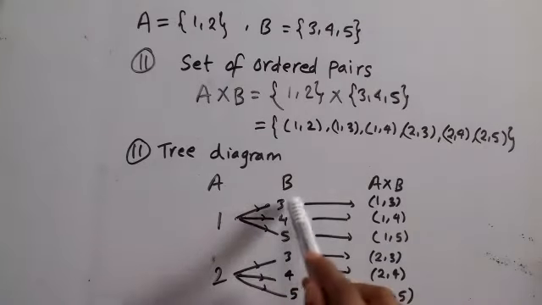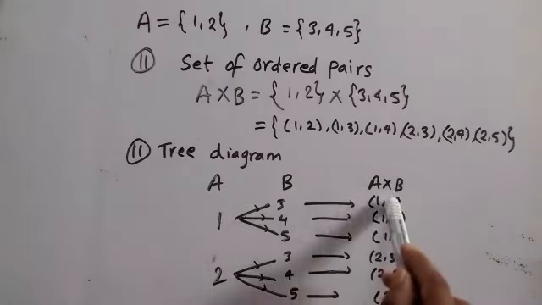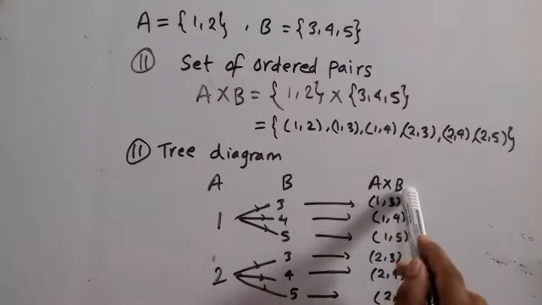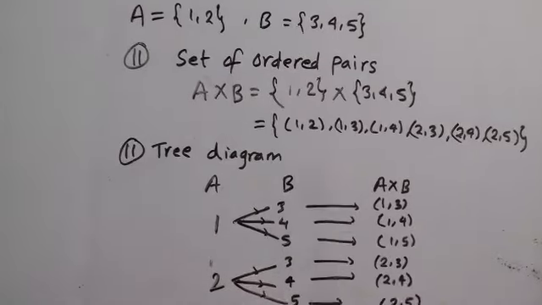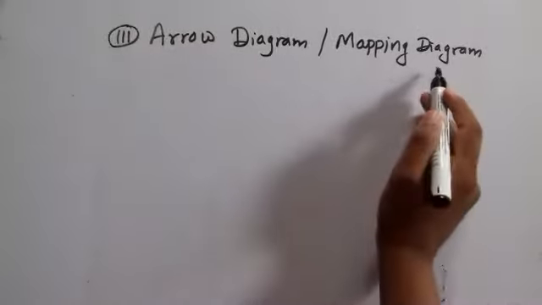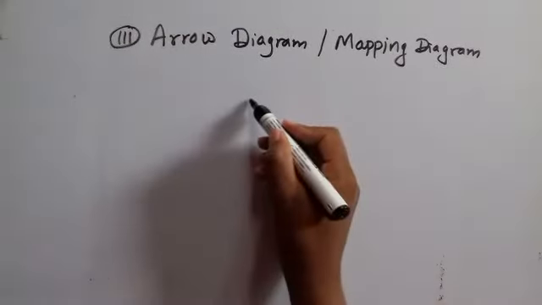Here 1, 3 is the first ordered pair of this Cartesian product, then 1, 4, 1, 5, 2, 3, 2, 4, 2, 5. Arrow diagram or mapping diagram means the same thing.